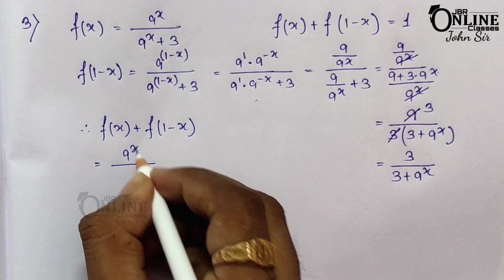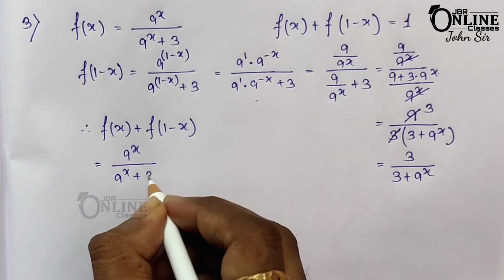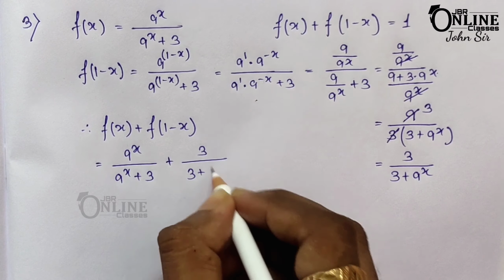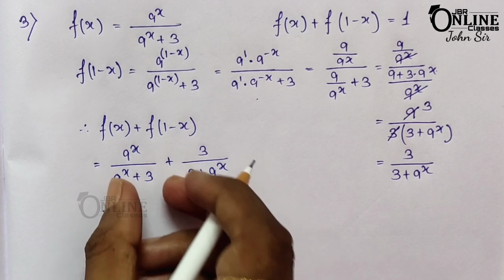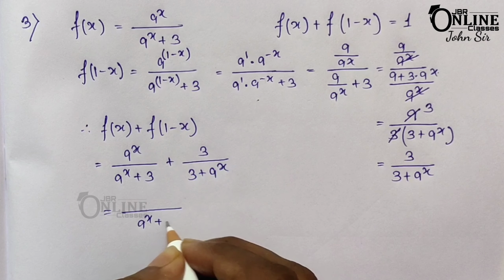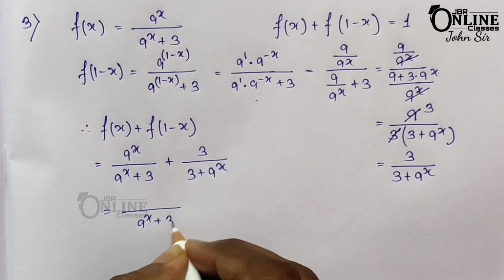So f(x) is 9^x / (9^x + 3), and f(1 - x) is 3 / (3 + 9^x). In both cases the denominator is the same, 9^x + 3, and the numerator is 9^x + 3 too, so it will be 1, and it's proved.